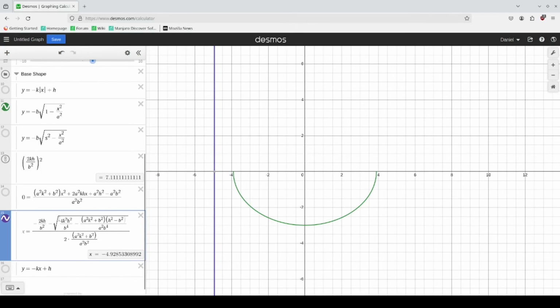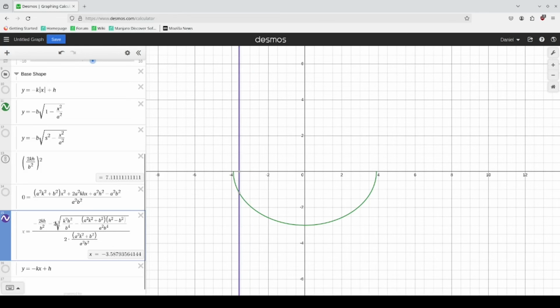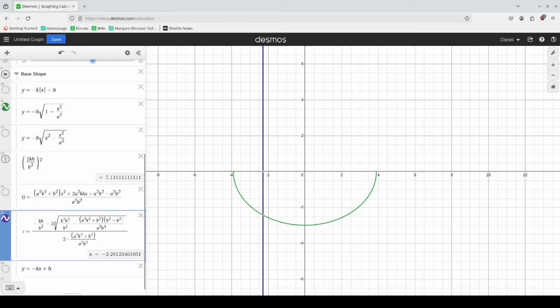So let's do that. Just thinking twice to make sure I'm not going nuts. All right. And so now that we have a 2 in front, we can divide out the 2's.